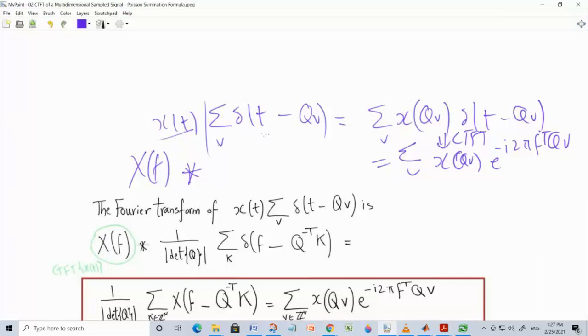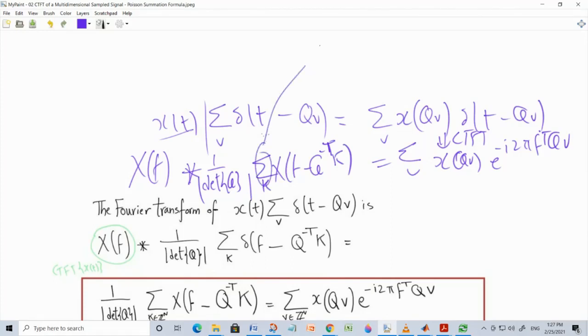So if you take its Fourier transform, it gives you this, and then the summation of x of f minus Q inverse transpose k. So k is, basically we have n sums actually.